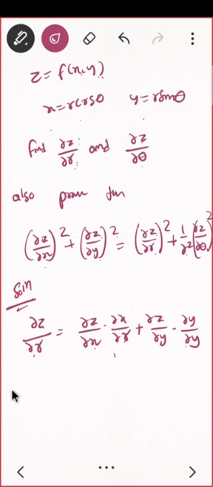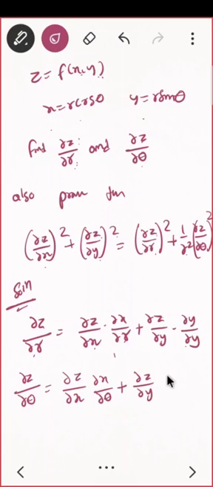Similarly dou z by dou theta. Dou z by dou theta will be what? Same thing. Dou z by dou x and dou x by dou theta, correct? Plus same dou z by dou y and dou y upon dou theta. So from here you got dou z by dou r, dou z by dou theta. And you can just easily substitute and see.